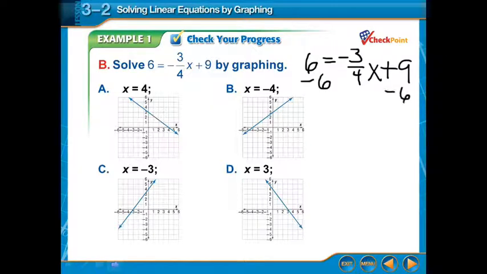Remember, what you want to do is set your equation to 0 so that you can get it in slope-intercept form, and you can replace that 0 with y. They're interchangeable because if you're putting in 0 for y, you're solving for the x-intercept. So this goes away, and I have 0 equals negative 3/4 x plus 3.